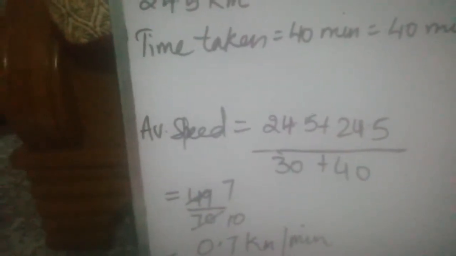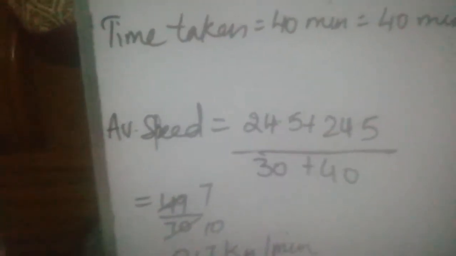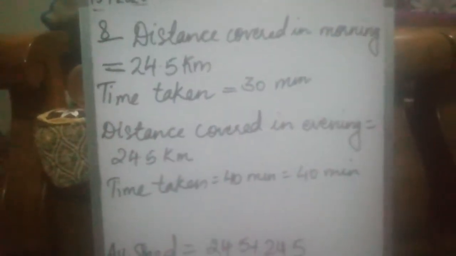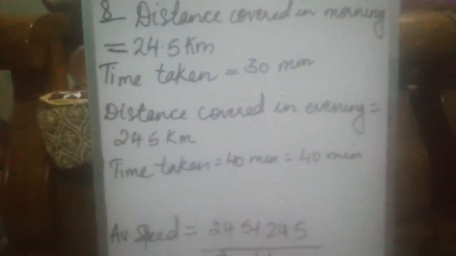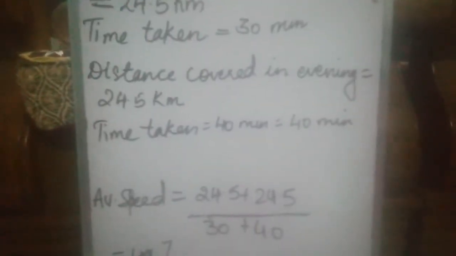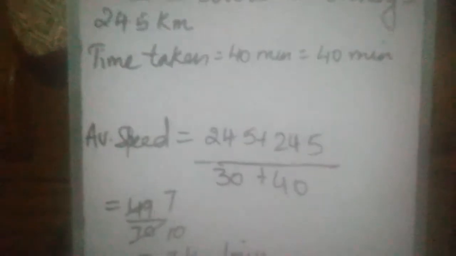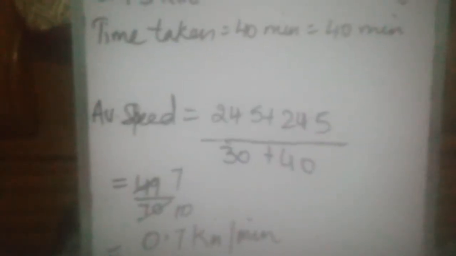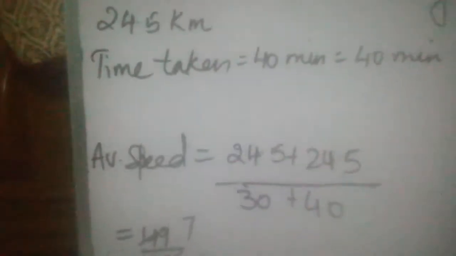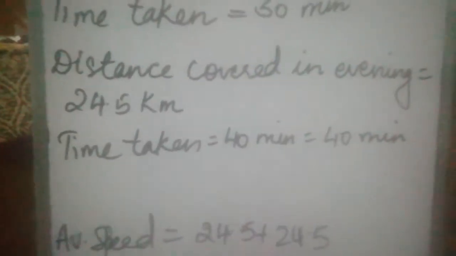So 49 by 70, you will get 7 by 10, which equals 0.7 kilometer per minute. This is the answer of question number 8, children.